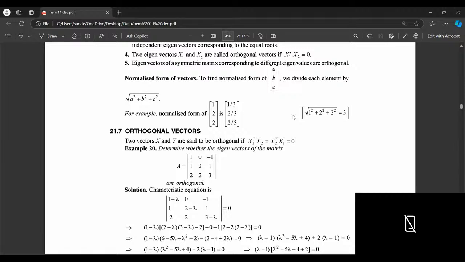Second, a non-symmetric matrix with different eigenvalues. Third case is a symmetric matrix with different roots. And last case is a symmetric matrix with repeated roots, repeated eigenvalues.